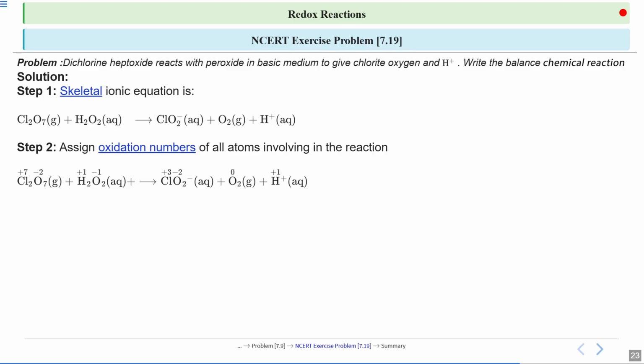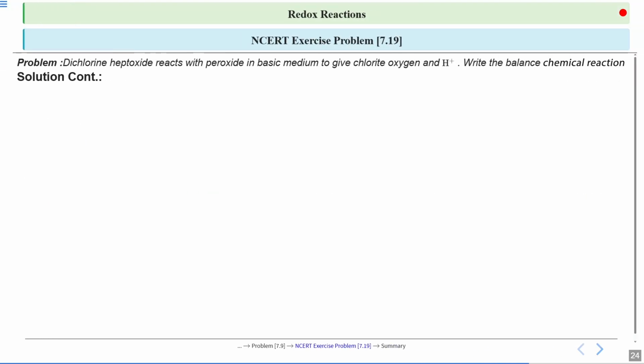So after writing the skeletal equation and assigning the oxidation number, our third step is to identify the atoms which are being oxidized and reduced.